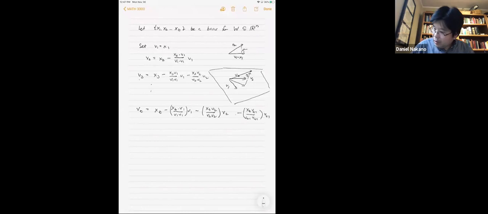Okay, so at the end, V1, V2 up to Vt is an orthogonal basis for the subspace W. All right. Any questions on this?